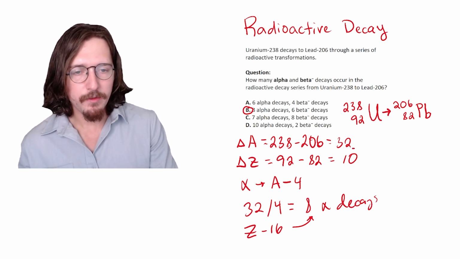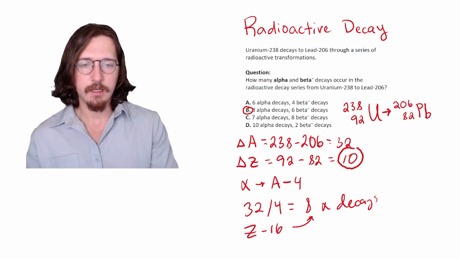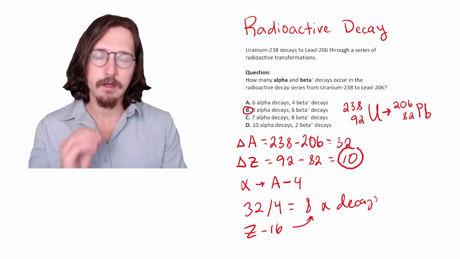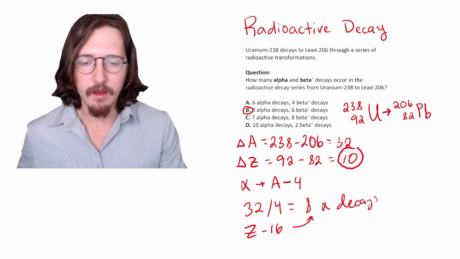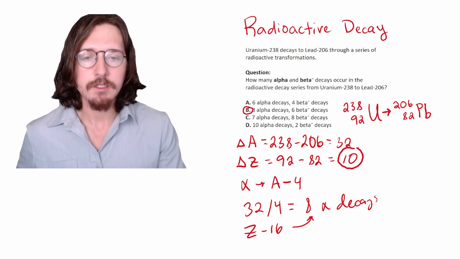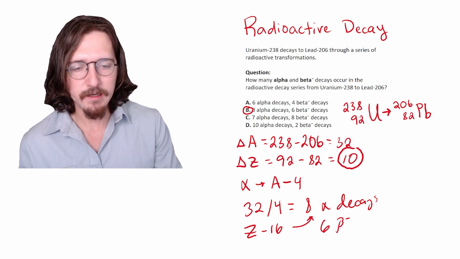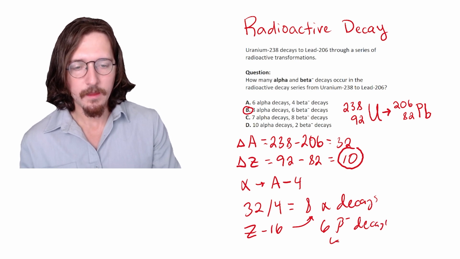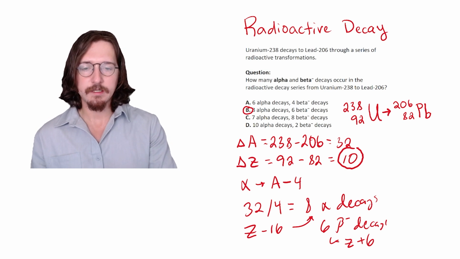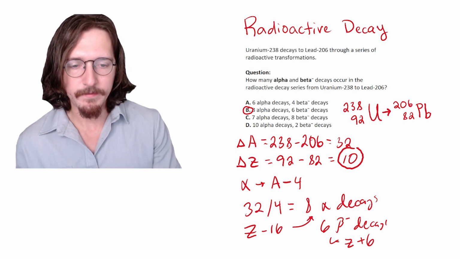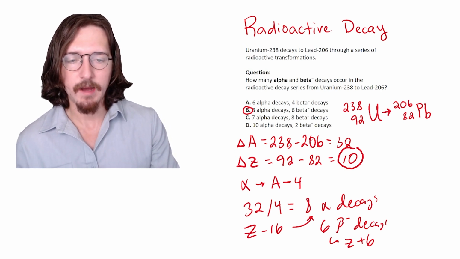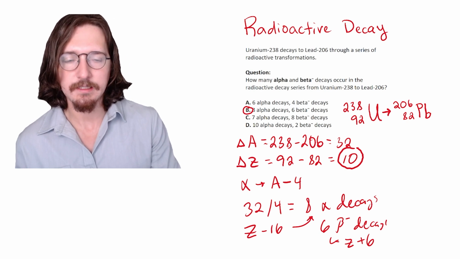Well, remember that the net decrease in the atomic number is 10, so there's a net loss of 10 protons, but for the 8 alpha decay events, there's a loss of 16 protons. So how do you get those 6 protons back? Well, you have 6 beta minus decay events, right? Which leads to the atomic number increasing by 6. So then you lose 16 protons due to the alpha decays and gain 6 back from the beta minus decay, and so your net loss is 10 protons.